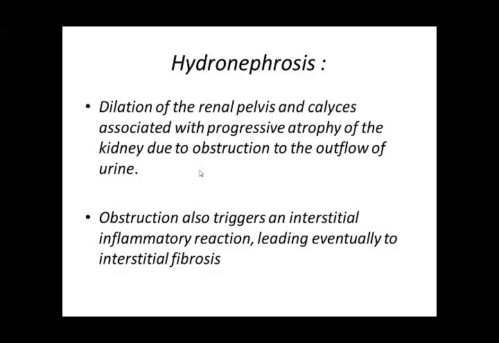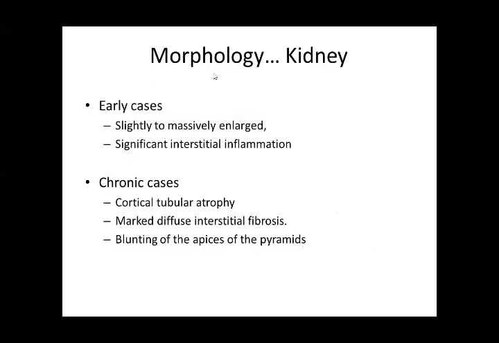Obstruction triggers an interstitial inflammatory reaction leading to interstitial fibrosis. There is fibrosis in the interstitium. In early cases, there are slightly to massively enlarged kidneys, and significant infiltrate or inflammation is there.